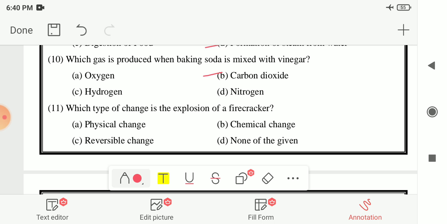The options are physical change, chemical change, reversible change or none of these. So here your answer is option B, that is chemical change. While exploding the firecrackers, heat as well as light and sound is produced. So we get new substances, so this change is a chemical change.